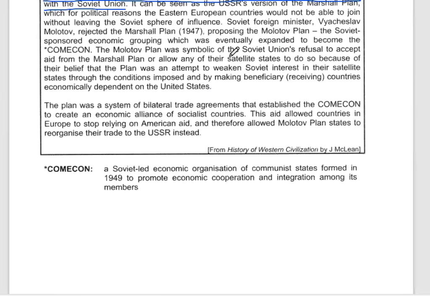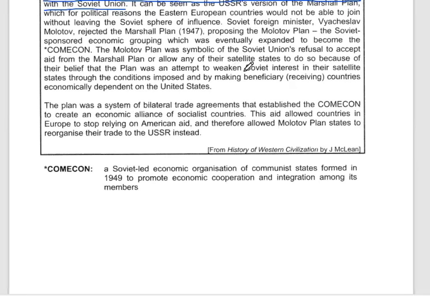It goes on to say, it can be seen as the USSR's version of the Marshall Plan, for which, for political reasons, the Eastern European countries would not be able to join without leaving the Soviet sphere of influence. Soviet Foreign Minister Vyacheslav Molotov rejected the Marshall Plan of 1947, proposing the Molotov Plan, the Soviet-sponsored economic grouping, which was eventually expanded to become the COMECON.